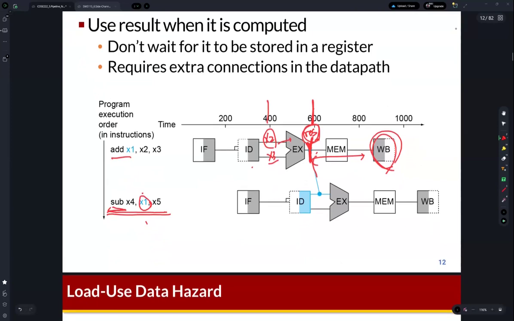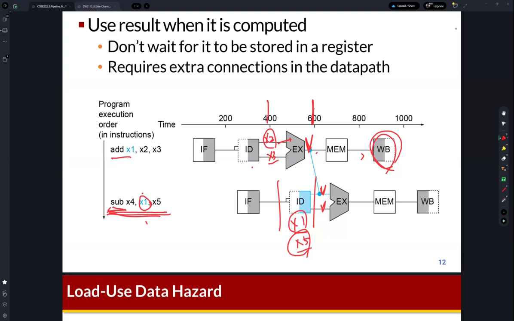In this case, the result of the previous instruction is generated at this time, and the sub instruction tries to read X1 and X5 within this cycle in the ID stage, but actually this X1 and X5 data are required at this point.